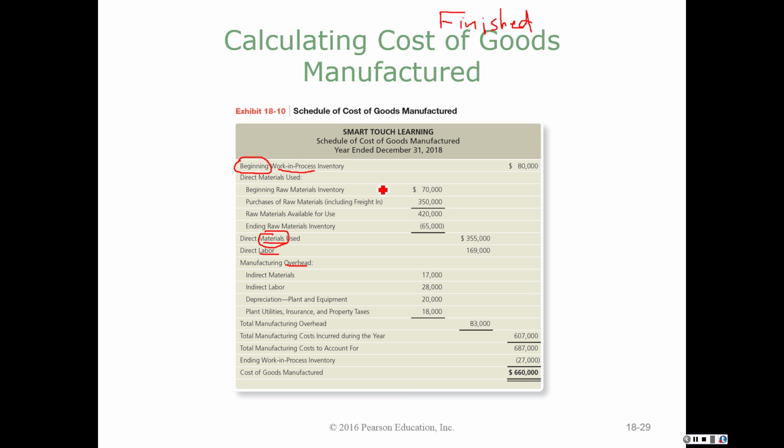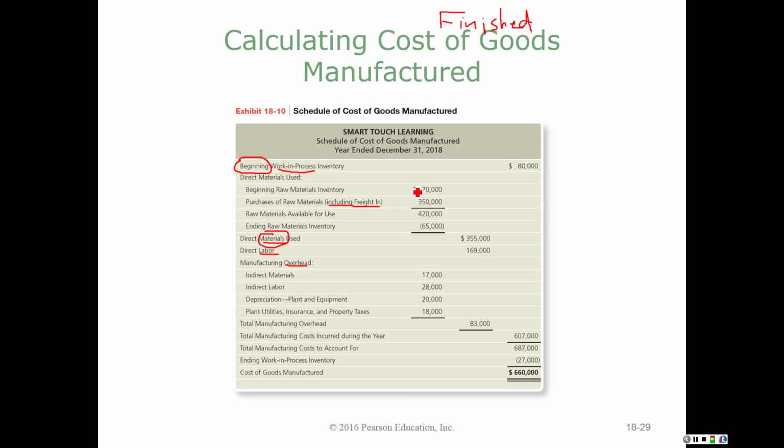Well, we back up. We're manufacturing, let's say, the tablets that is illustrated in your book, Smart Touch Learning tablets. If I had 70,000 in raw materials inventory to begin with, and I purchased another $350,000 worth of raw materials, and they're trying to show you, once again, freight in is always part of the cost of your inventory.